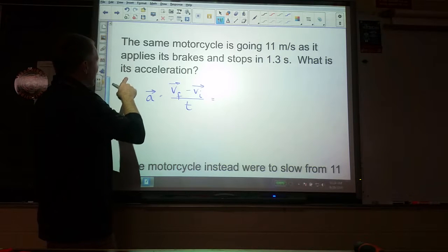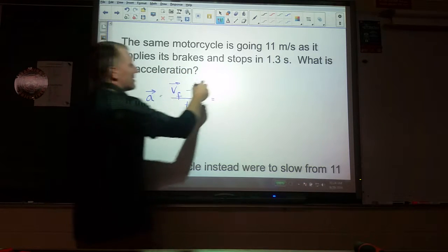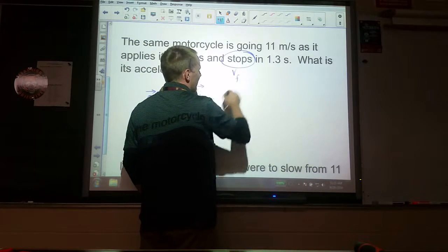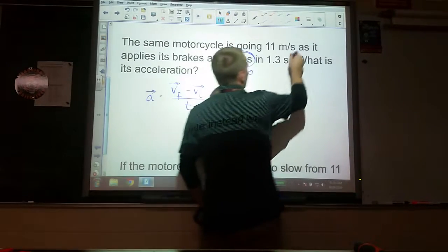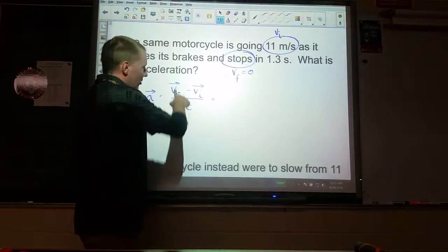But now let's look at it. It is going 11 meters per second, and then it stops. So see, clearly stopping comes later, which would make it a final velocity of 0, because stopping is 0. The initial velocity up here is 11 meters per second, so let's put those in.